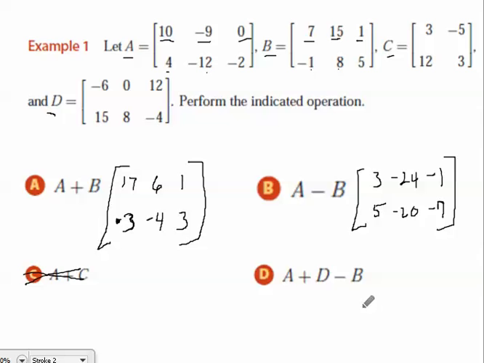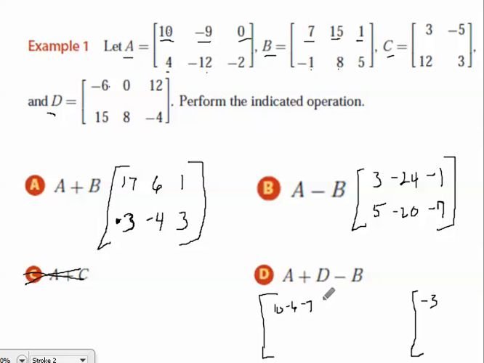Okay? So let's do multiple ones together, like in D here. So if I said A plus D, so 10 plus negative 6 gives me a 4, minus 7 is going to give me a negative 3. All right? So this was 10 minus 6 minus 7, 4 minus 7 is a negative 3.